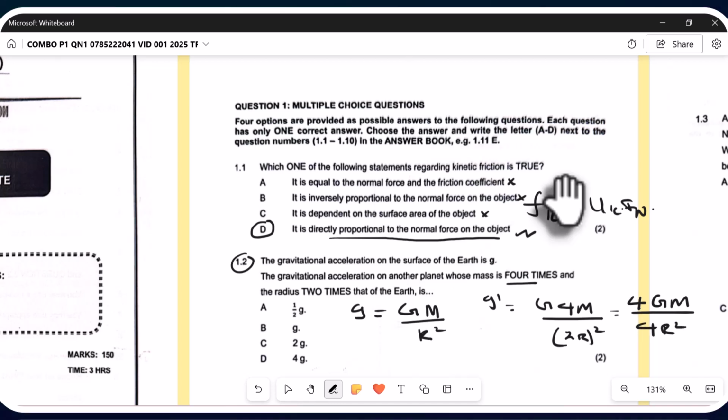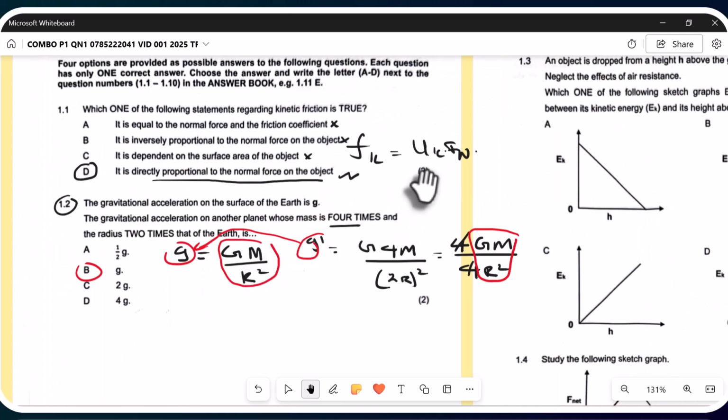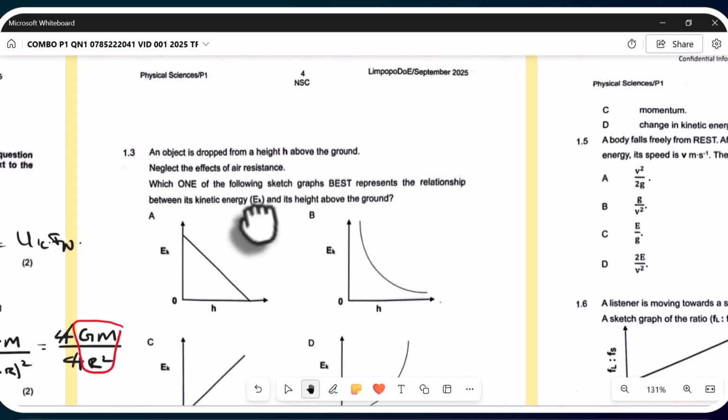Now, when the height is 0, what do we have there? We have minimum potential energy. So this is the potential energy from height 0. It was like this. That's EP.